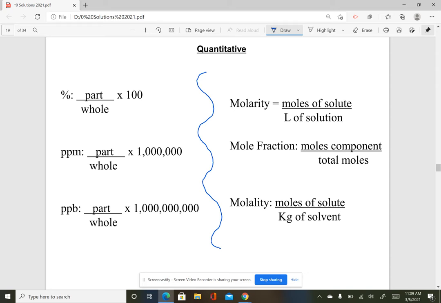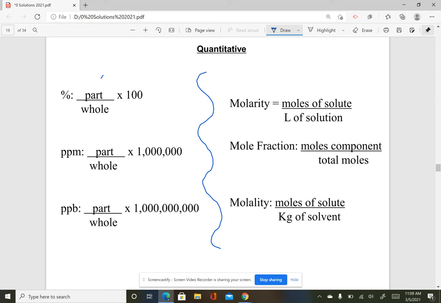Okay, so I kind of like to break these formulas up. If you look at this whole left side, these formulas are very similar to each other. We have percent, parts per million, and parts per billion. They're all similar in that we are doing that part over whole formula, whether they're giving us grams or volume. You take the small number and put it on top. That's your mass or volume of your solute.